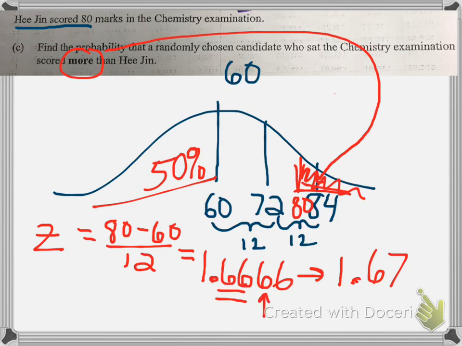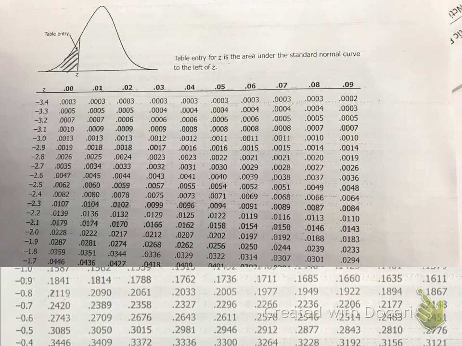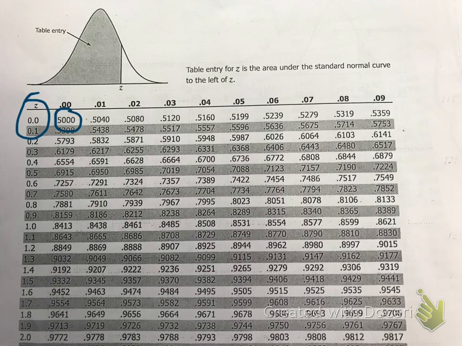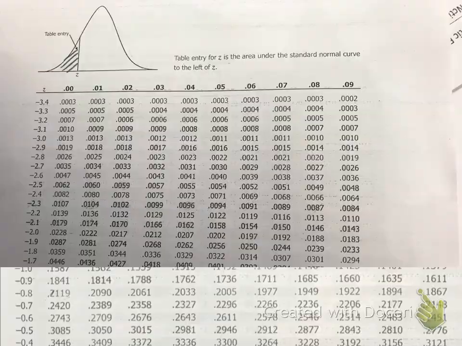This is a 6, so we're going to round up. So 1.67. Here's 1.6, then 2, 3, 4, 5, 6, and 7. 1.67. So that's 0.9525.